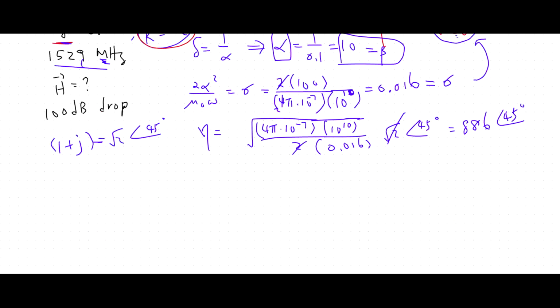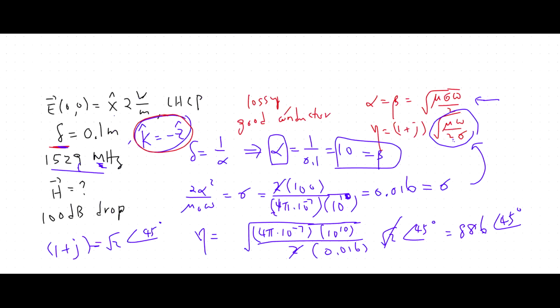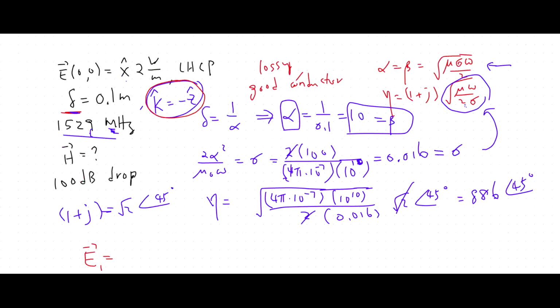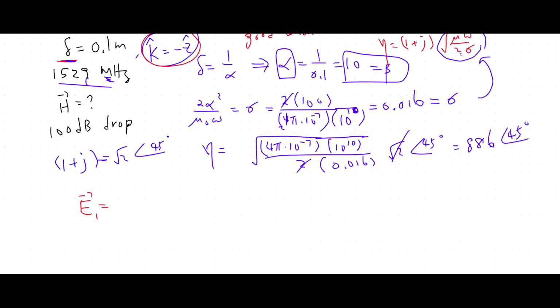What is E1? The direction is given. X hat, right? Magnitude is 2, right? You're following me, right? X hat 2, because this is E1, so it's cosine.